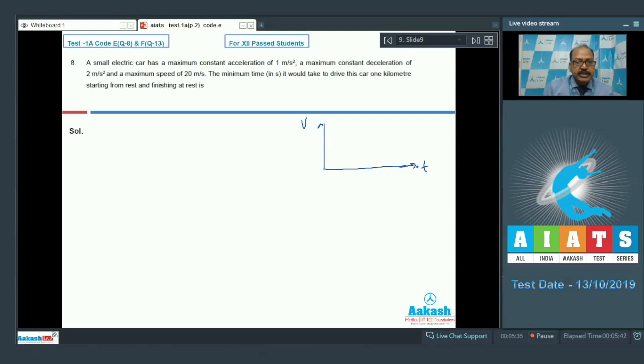The maximum speed is 20 meter per second and the maximum acceleration it can have is 1 meter per second square. So if it accelerates with 1 meter per second square, it will reach the velocity of 20 meter per second in 20 seconds. That means for first 20 seconds, the graph is something like this. This value is 20 meter per second.